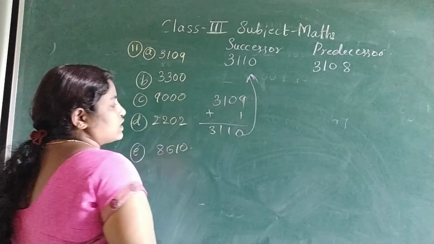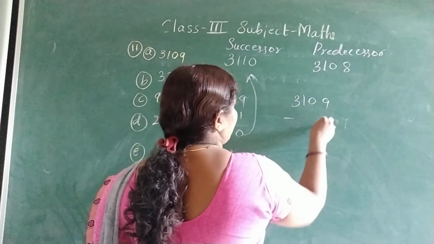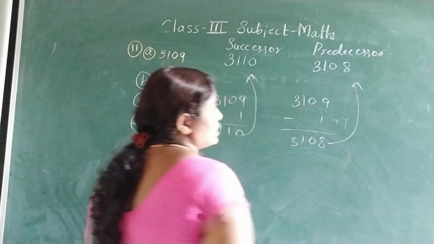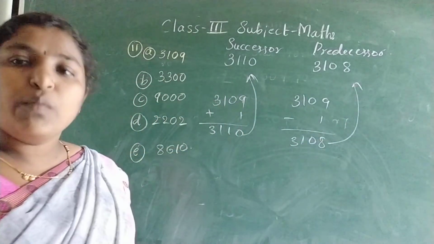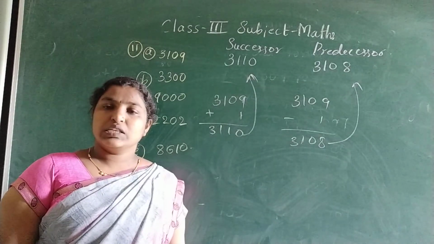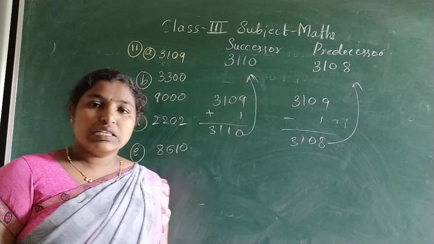So that is successor. Minus 1, that is predecessor. Got it? If you do minus 1 to the given number, that will be predecessor. If you do plus 1 to the given number, that is the successor.